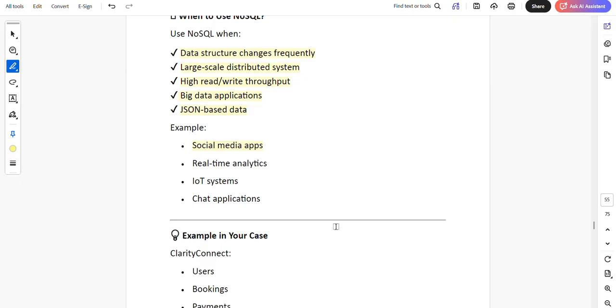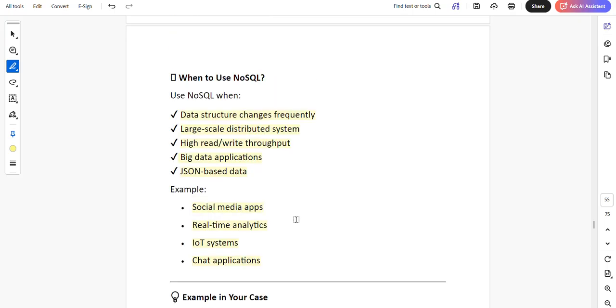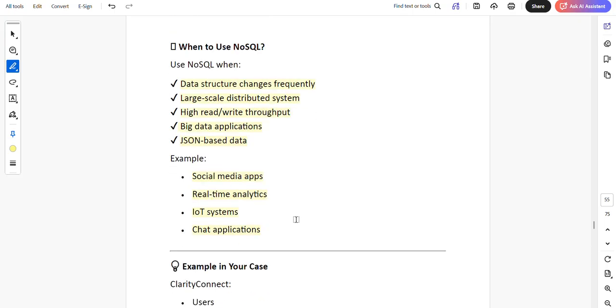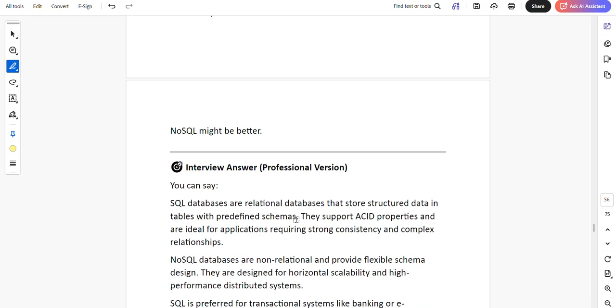Other columns would be left empty, and because of that, space gets wasted. That's why NoSQL is largely used in social media apps. Also in real time analytics, IoT systems, and chat applications. Thank you so much. This is for SQL and NoSQL.